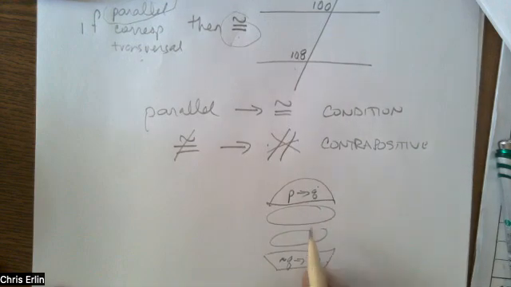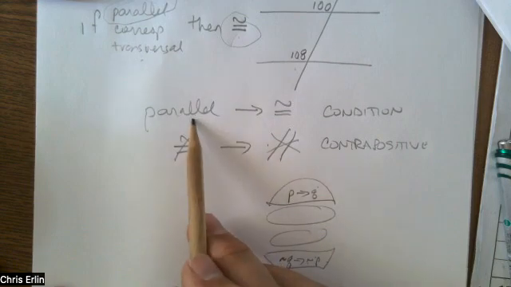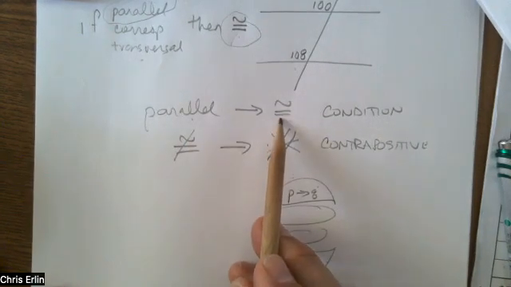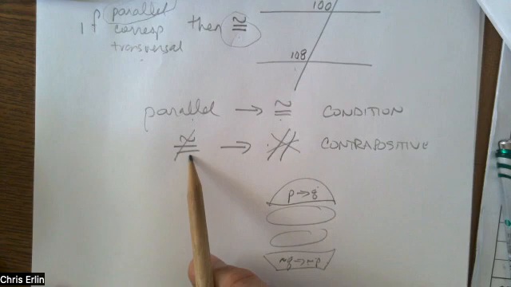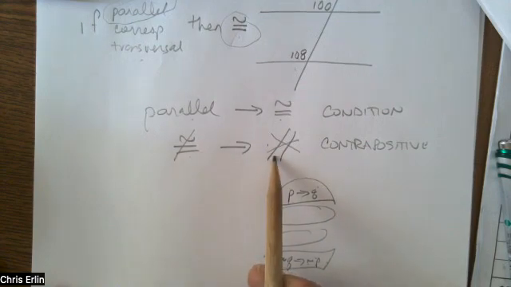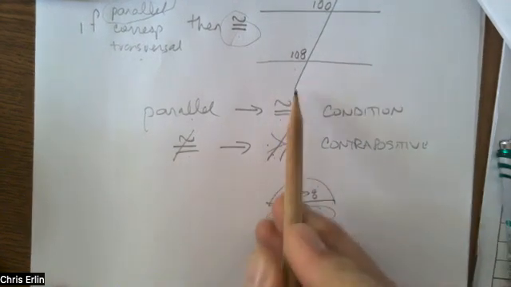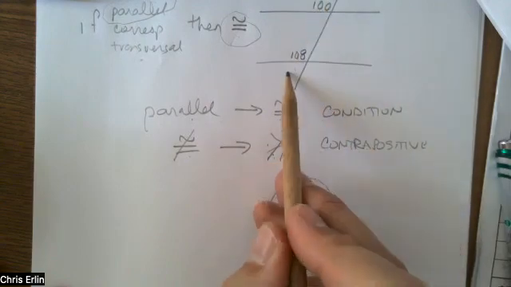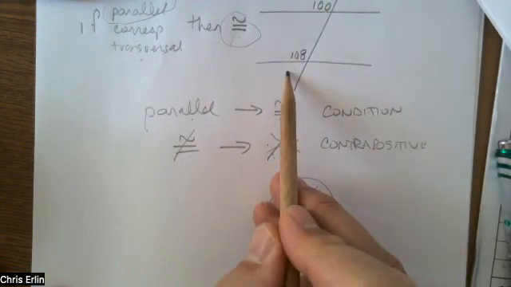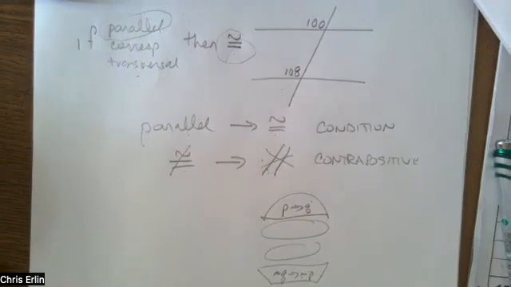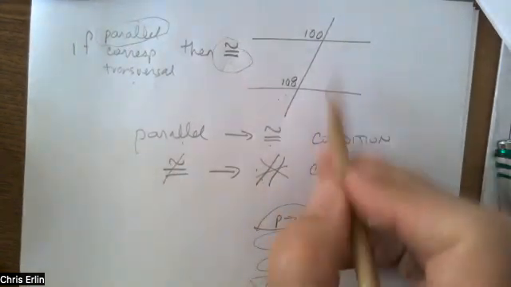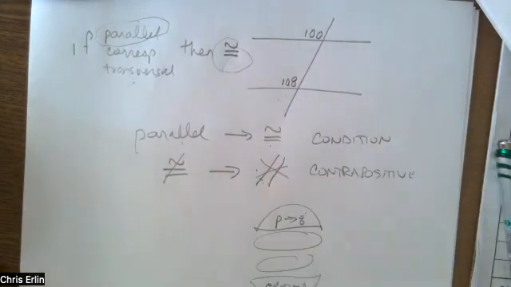These are reliable bun. Therefore, if parallel, then the angles are congruent. If the angles are not congruent, then the lines can't be parallel, because if they were parallel, what would these angles have been? Congruent, and they're not. So you're right. We can validate that these two lines, as written here, are not parallel because of that.